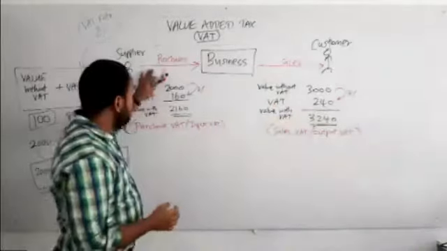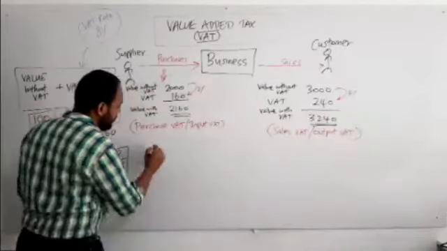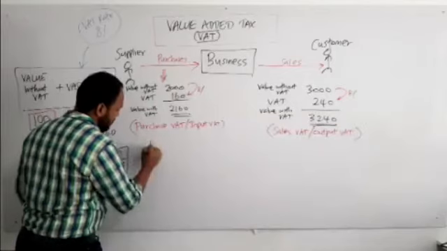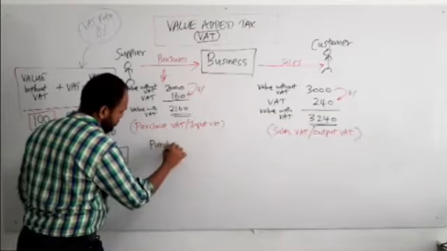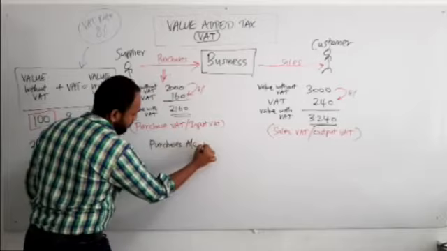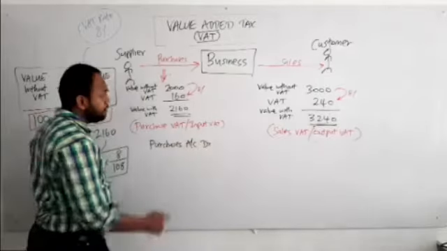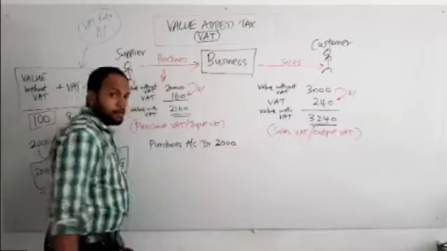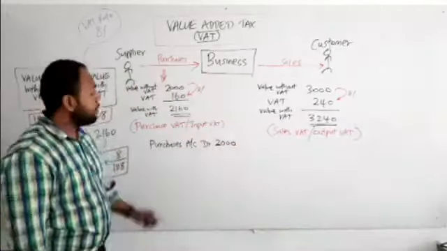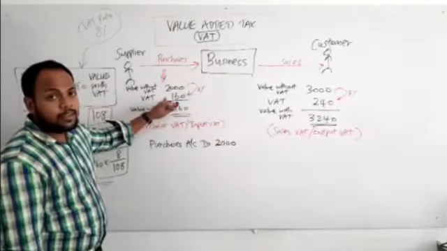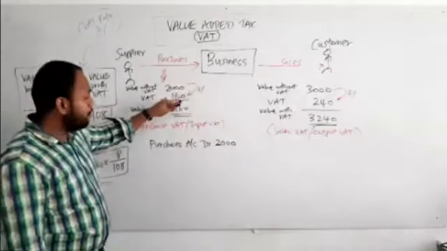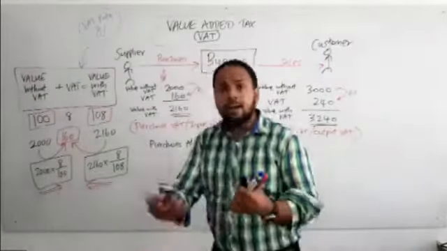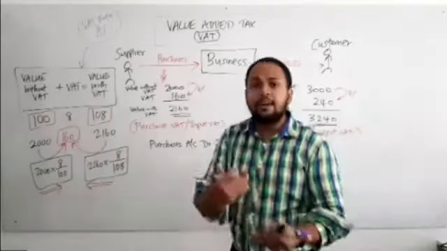The purchases account is debited only 2000. Purchases is only 2000. This VAT 160 is receivable VAT. What we do is we debit the VAT control account. It's a VAT receivable because we can recover the VAT.